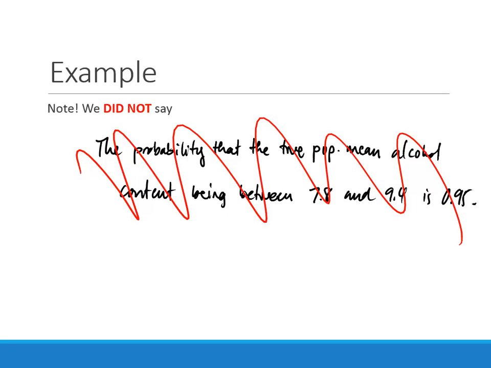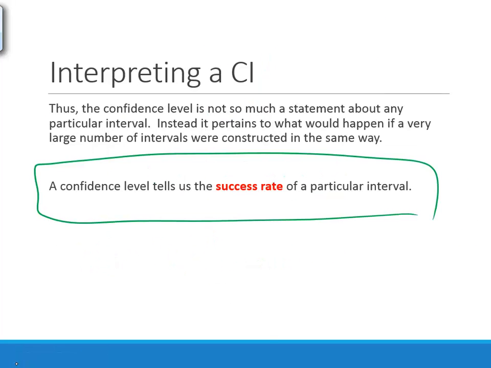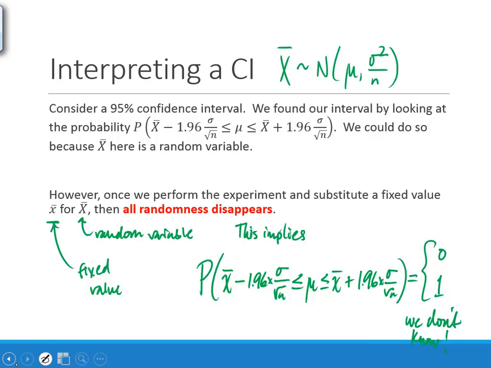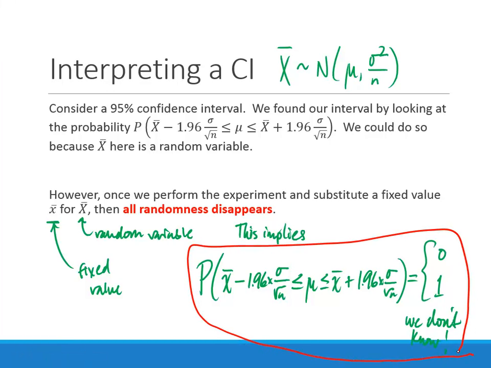So this goes back to this right here. If you said the incorrect interpretation, you would write down that this probability equals 0.95. That's the wrong interpretation. So remember, the mean mu is a fixed number. We don't know what it is, right?